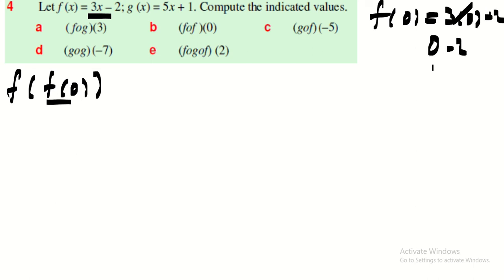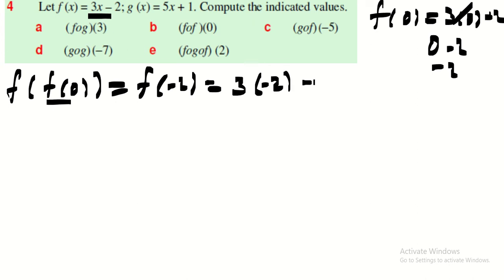So 0 minus 2 will be negative 2. So this result will be f of negative 2. Then again, substitute negative 2 in place of x for the function f, which is going to be 3 times negative 2 minus 2, which is negative 6 minus 2, which will be negative 8. That is the answer for B.